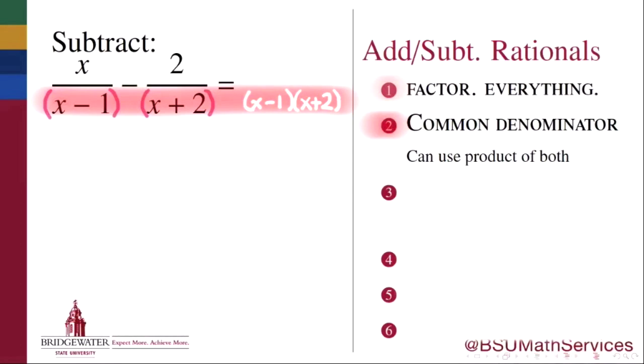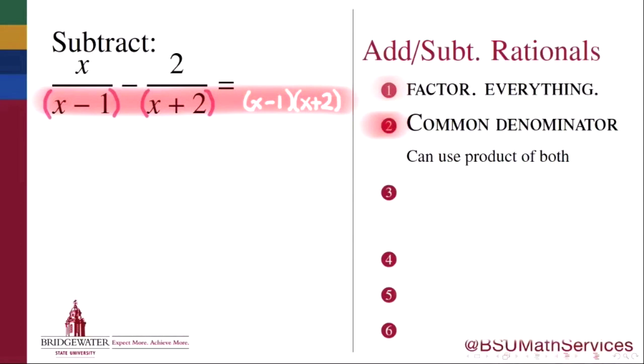I generally recommend that if you aren't comfortable finding a least common multiple for a pair of algebraic expressions, that this way, just finding the product, which is a multiple of the denominators, is the way that you can go that requires the least amount of thought up front.